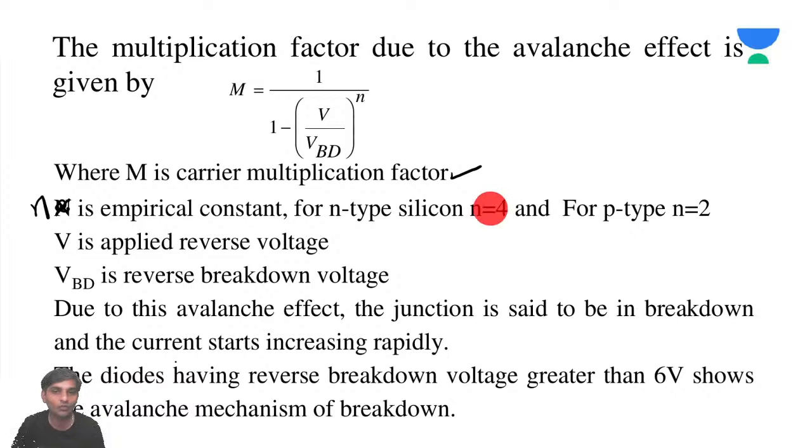Sir, can you tell me why this is 4 and 2? It is all because of the mobility of the charge carriers. For n-type, what are the charge carriers?